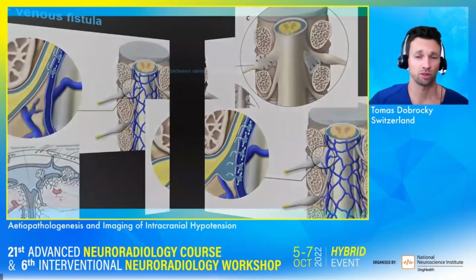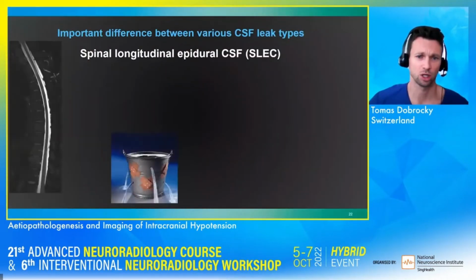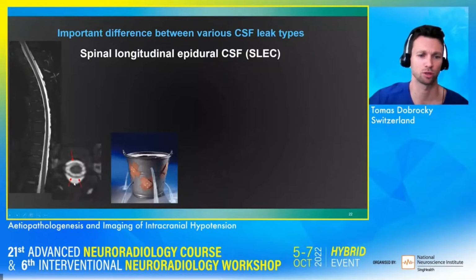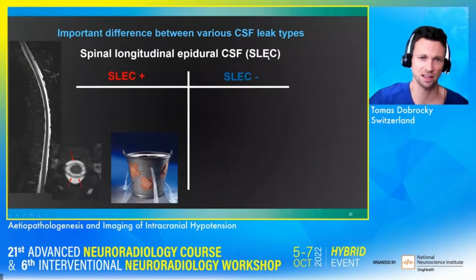Okay, there's a very important difference to differentiate between these three pathologies, because we need to look if there is CSF in the epidural compartment. So this is the thecal sac, and we see that there's fluid in the epidural compartment. It is important. Those collections have been termed by Richard Farb the spinal longitudinal epidural CSF, or SLEC.